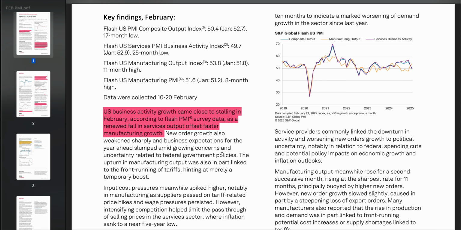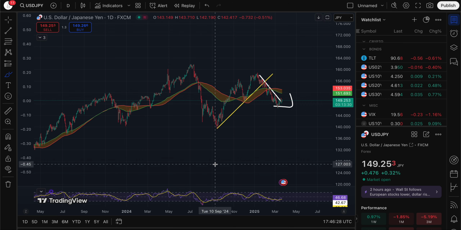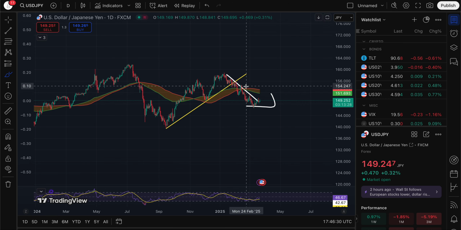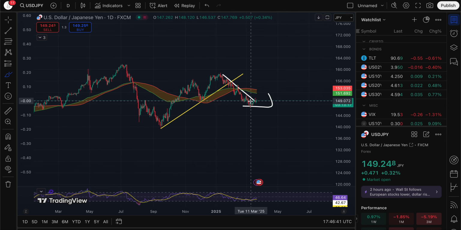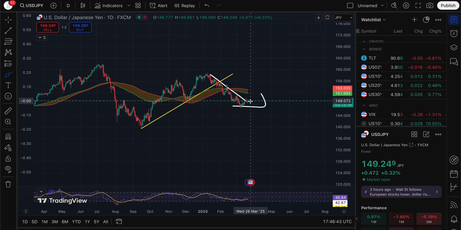And if we were to see better than expected PMIs, you could see yen weakness. If you see PMIs coming in weaker, you could expect yen strength.